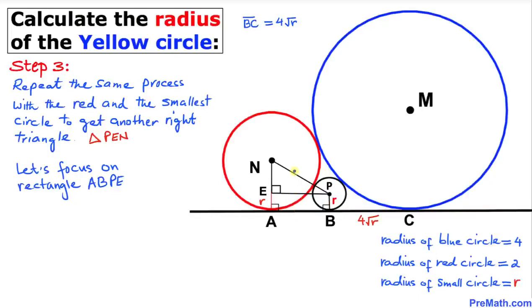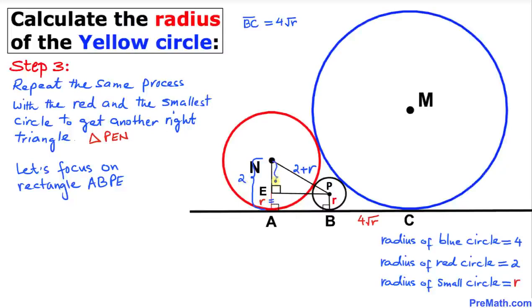And also we know that the radius of this red circle is 2 units, and the radius of this smallest circle is r. So this total length NP is going to be 2 plus r. And moreover, once again, the radius of this red circle is 2 units, and we know this length is r.